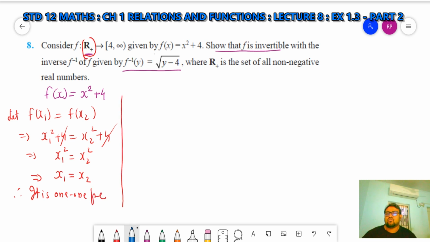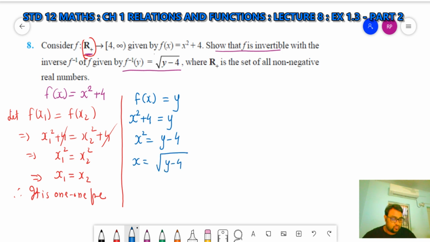Okay, now for onto. For onto we will take f x equal to y. What is f x? x square plus 4 equal to y. So x square is equal to y minus 4 and x will be equal to square root of y minus 4.